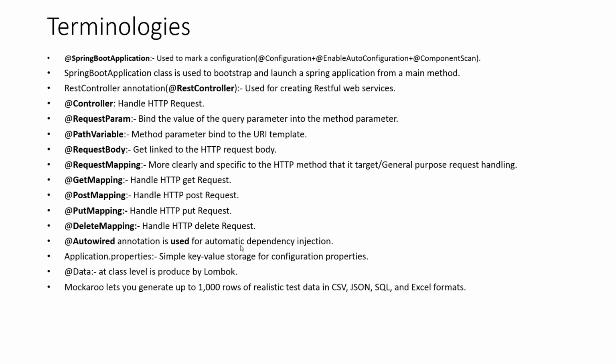So the next thing I want us to talk about is Mockaroo. Mockaroo is a platform that helps you with realistic test data in CSV, JSON, or SQL format. It helps us to generate dummy data, like you are working on a project and you need dummy data. The reason why I use this platform is because I'm trying to implement paging features in the application.